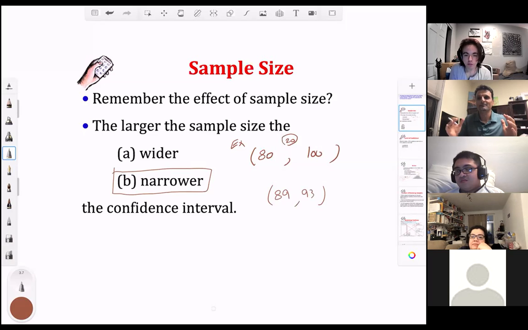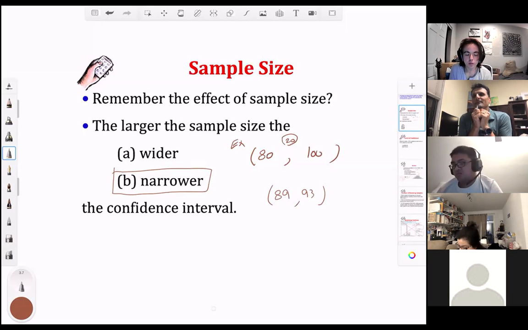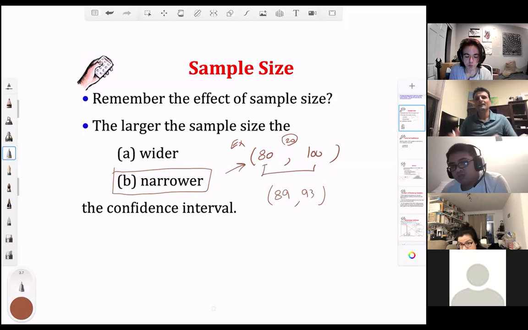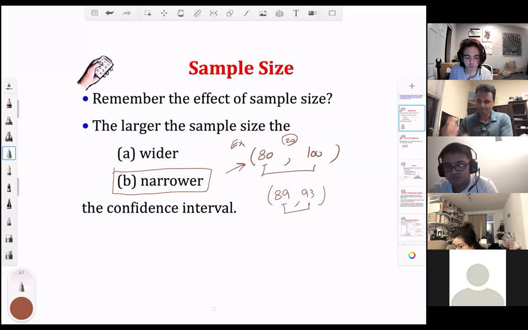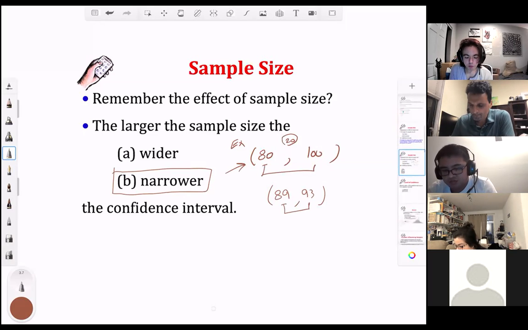We have more confidence because we have more samples. Our sample size is bigger, right? And we are looking for a narrower confidence interval. You don't want to present a solution to a client and say, we are 95% confident the answer is going to be between 80 and 100. It's a huge gap. But if you say between 89 and 93, we narrow the solution. Right. Good.